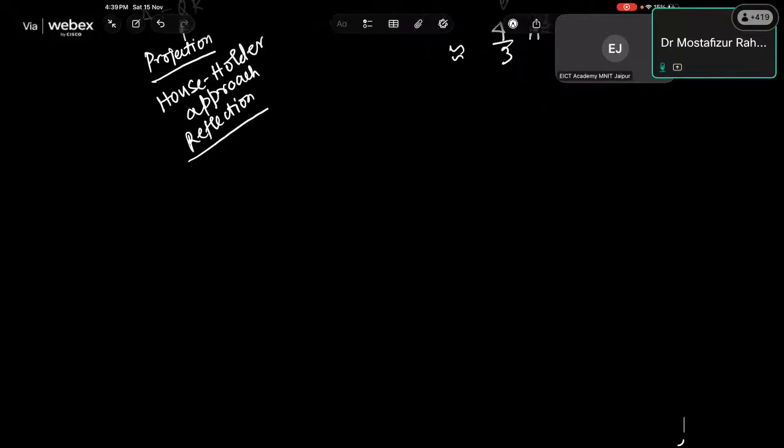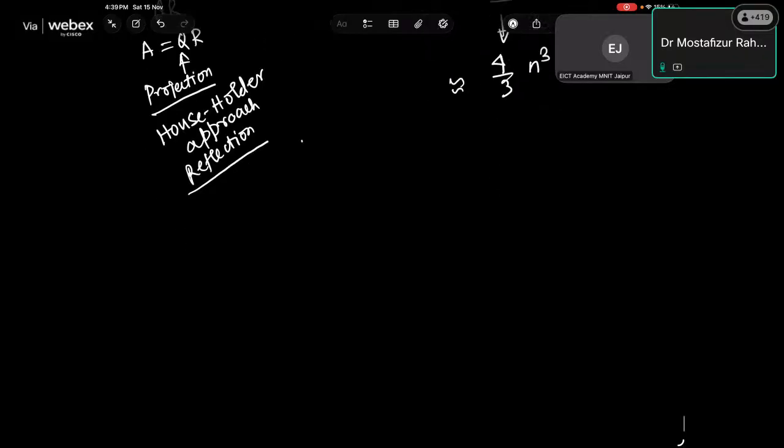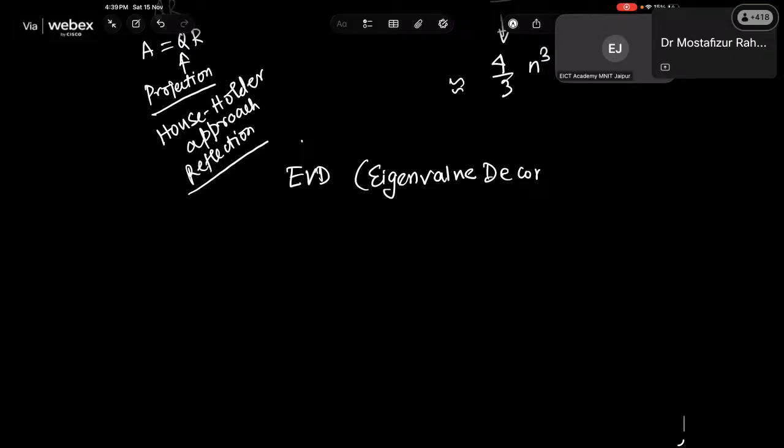Now, the most important part from the quantum computation concept is EVD, the eigenvalue decomposition. Always, the best thing does not come for free.